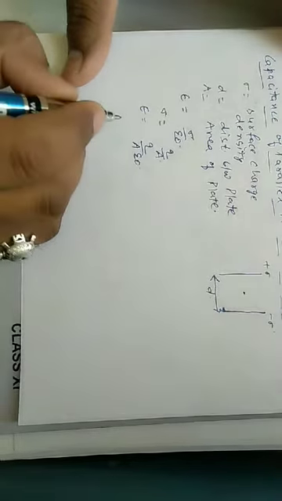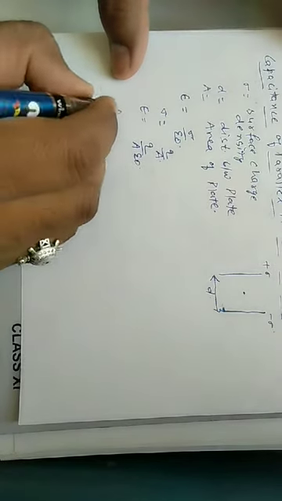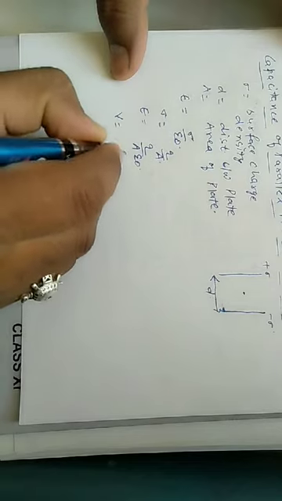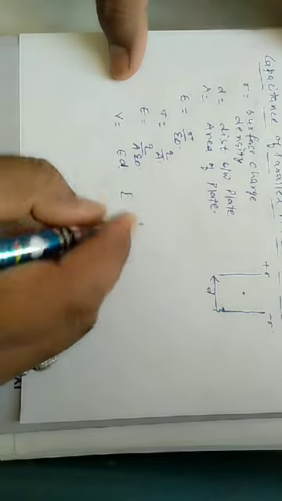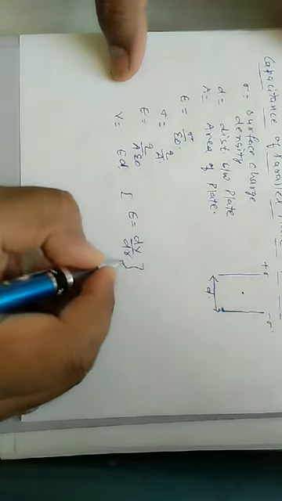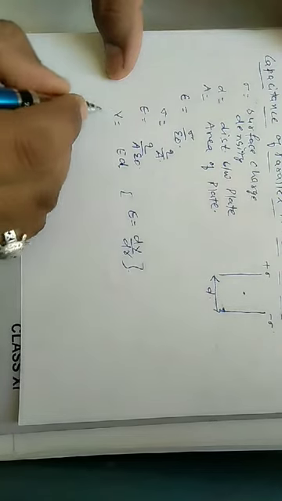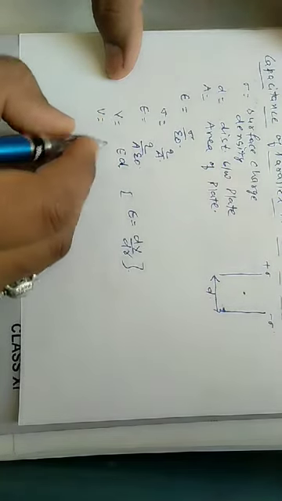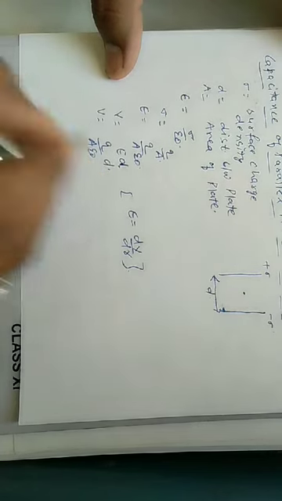Now in potential we have done V equals E into d, electric field into distance. According to this relation, E is equal to dV upon dr. Now we can write V equals electric field into distance. Now put the value of E: this is Q upon A epsilon 0 into d.